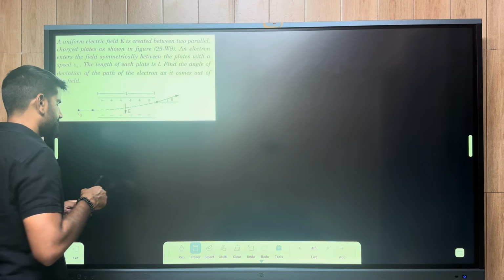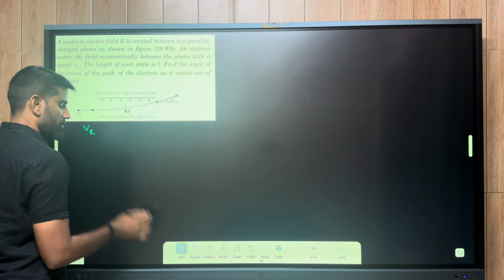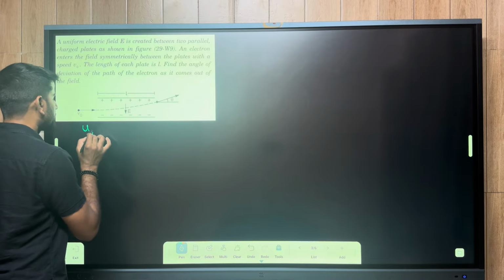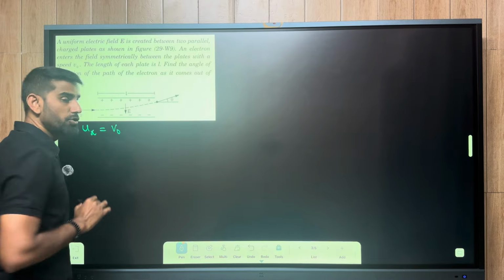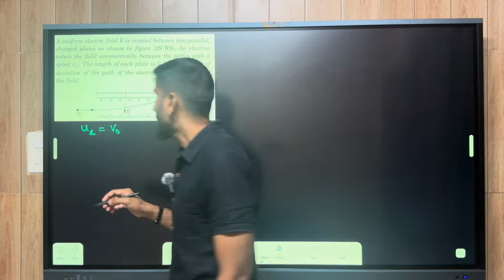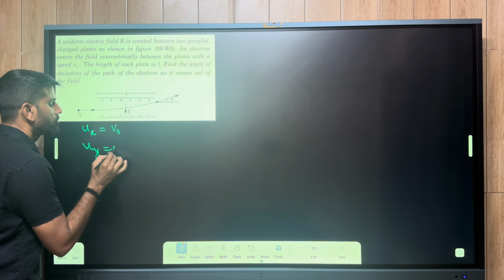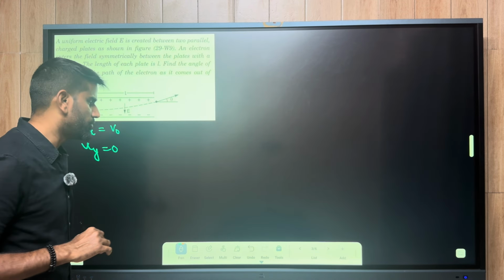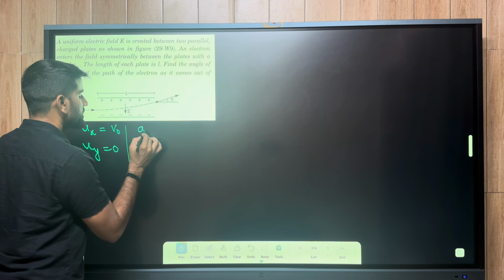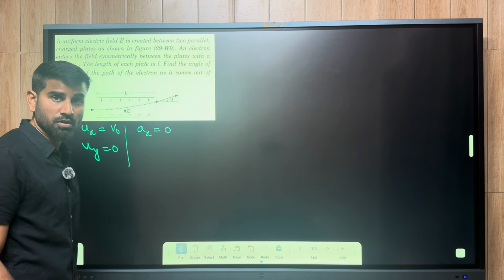So what I'm writing is ux is equal to v naught. Initial velocity along the x-axis is v naught, and uy is equal to 0. And the other thing, the acceleration along the horizontal direction is 0, as there is no force along the horizontal direction.